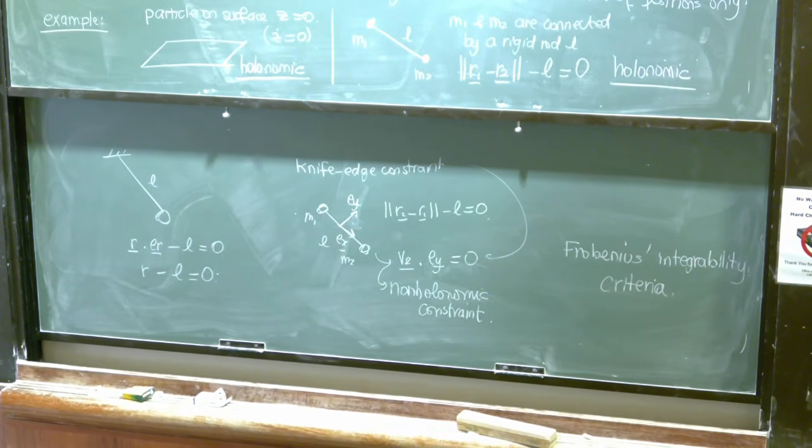So again, all of this is being applied to a system of particles. Consider a system of n particles, with velocities V1, V2, up to Vn, relative to my origin.